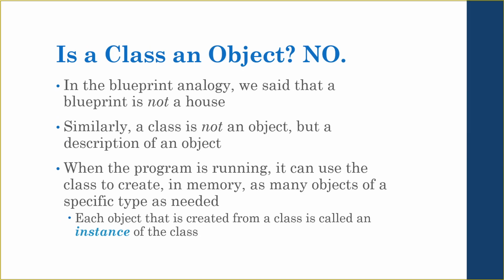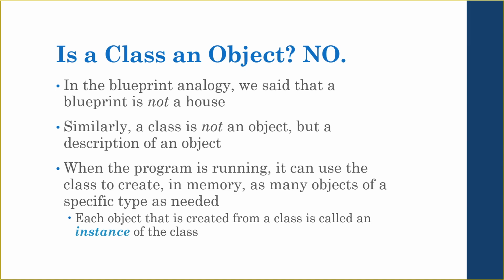Are classes and objects the same thing? No, they are not. This is really important. It trips a lot of people up. They think that a class is an object. They are two different things. In the blueprint analogy, we said that a blueprint is not the same thing as a house. Similarly, a class is not an object, but it is a description of an object.